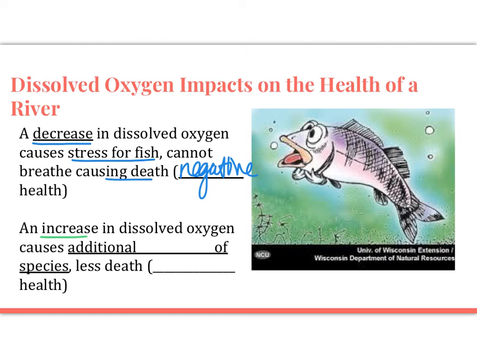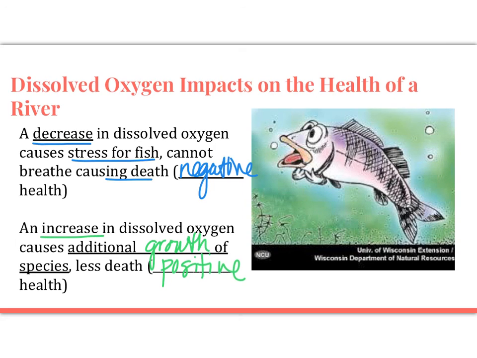Whereas if we see an increase, we know that can cause additional growth of the species. So we can see much more reproduction and thriving from those organisms. And so that is a positive health impact.